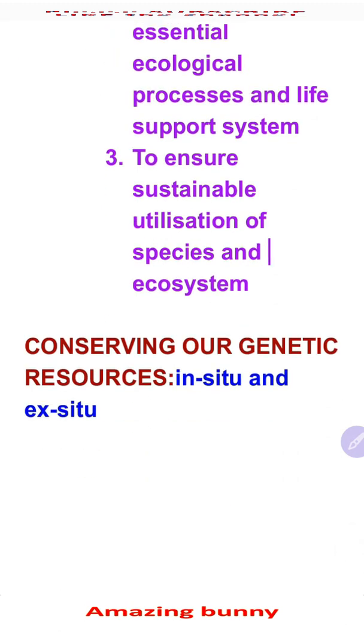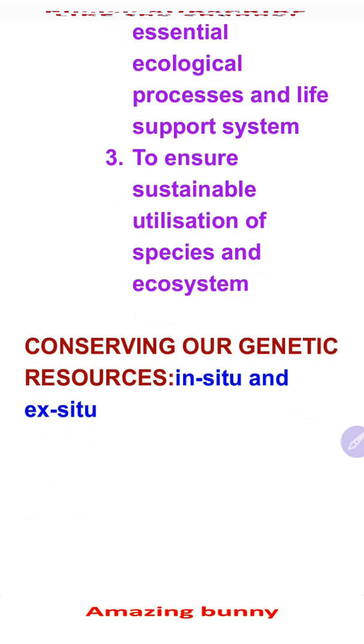Now next is conserving our genetic resources. Our main concept comes here: in situ and ex situ conservation. Before we go into detail, let me tell you something about in situ and ex situ. They are Latin words. Situ means the place.